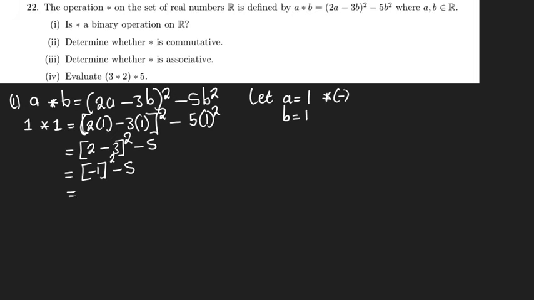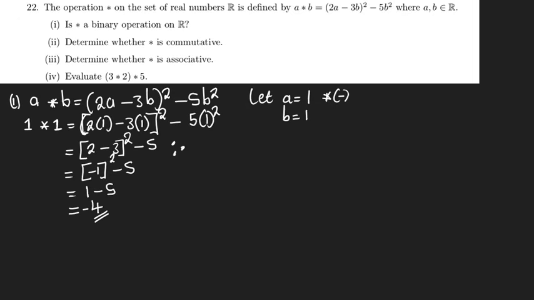So this is going to be what is negative 1 to the power 2. It's going to give me 1 minus 5. I'm getting negative 4. Notice that negative 4 is a real number. Negative 4 is a real number. Henceforth, star is a binary operation on R.